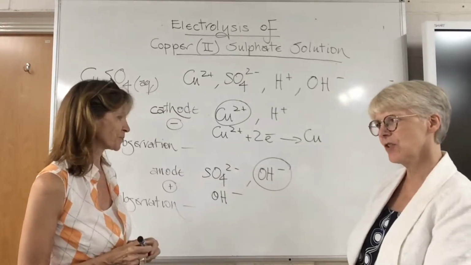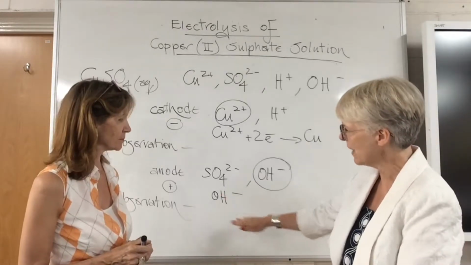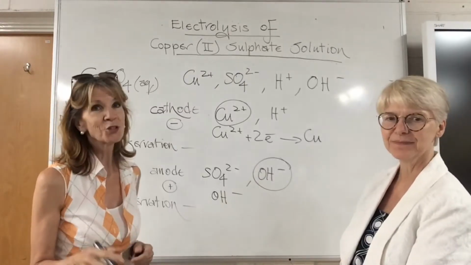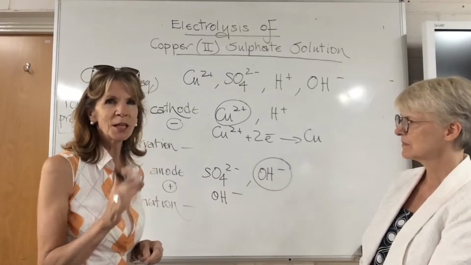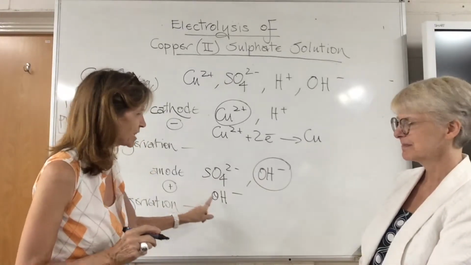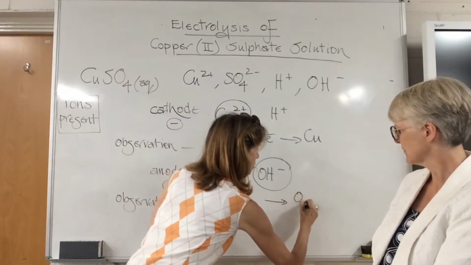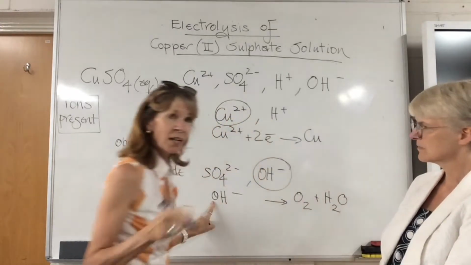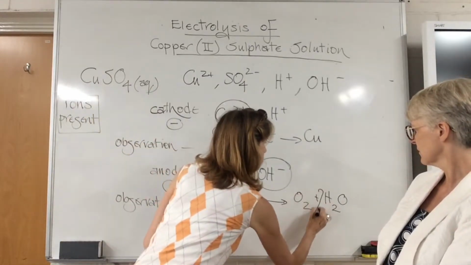Okay, now, what is the equation? A bit trickier question here. What is the equation for what happens at the anode to the hydroxide ions? Now, this equation you have to learn. It's a little bit tricky to actually work out, so let me talk you through it. The hydroxide turns into oxygen plus water. And when you balance this equation, you have 2 waters.